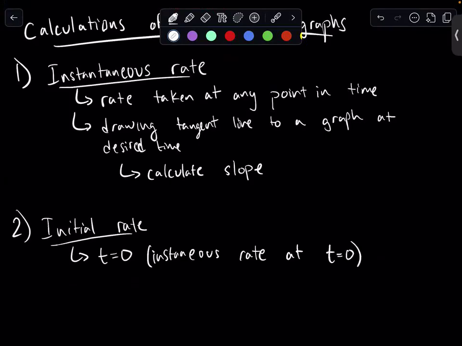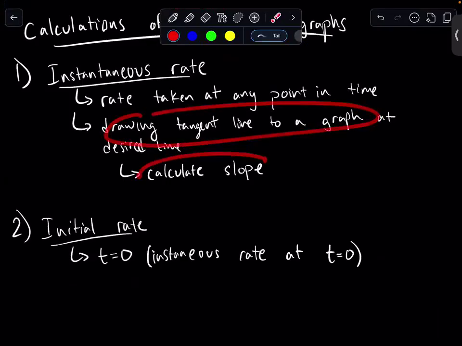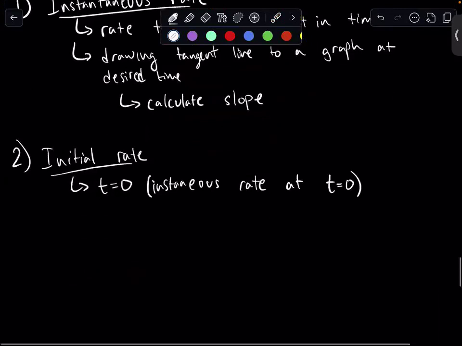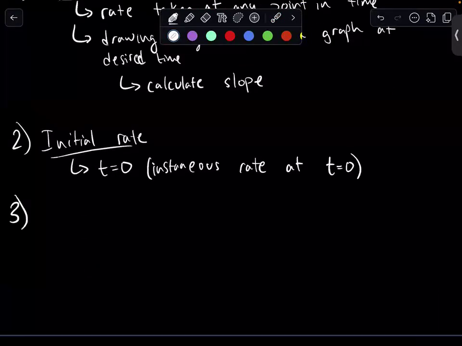It's exactly the same steps. You're still going to draw a tangent line to the graph and then calculate the slope. It's just that if it's at time equals 0, we call it an initial rate because it is the initial rate of reaction.